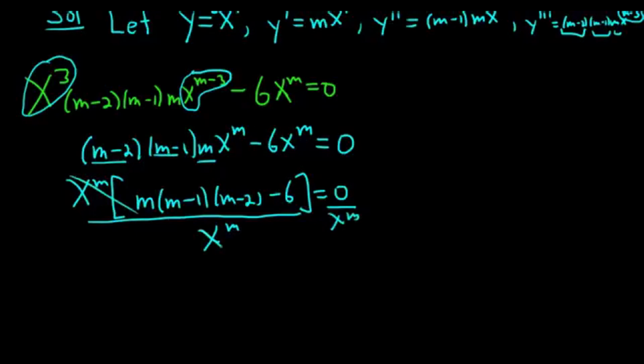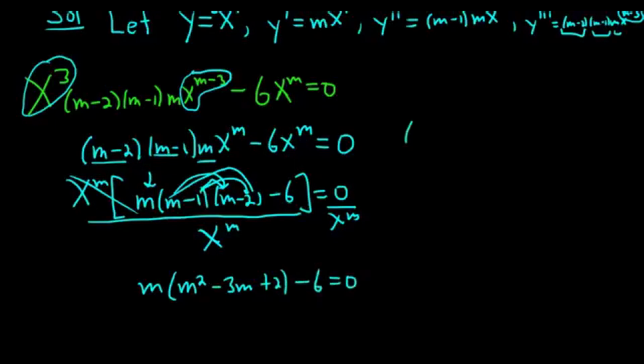So we have m. I'm going to go ahead and multiply this out. M times m is m squared. The middle term is negative m. The outer term is negative 2m. That means it's going to give us negative 3m. And then negative 1 times negative 2 is positive 2. Minus 6, and it's all equal to 0.